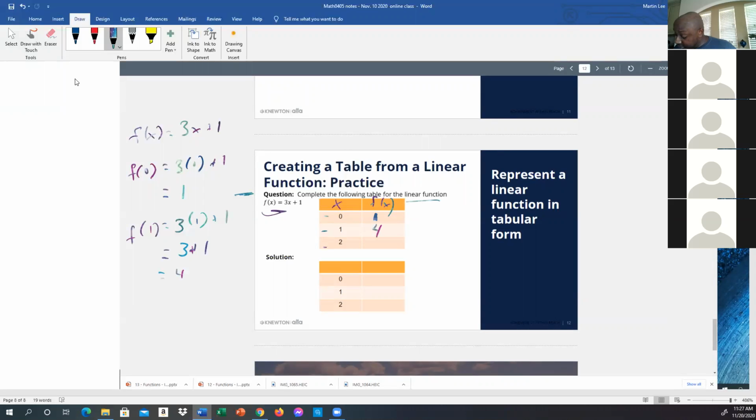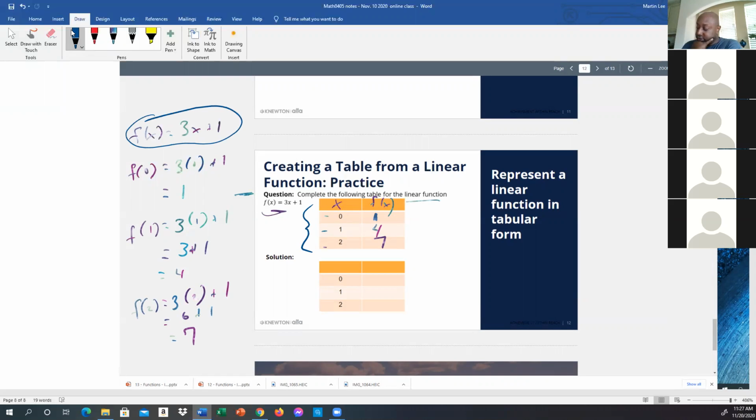And then when x equals 2, I get 3 times 2 plus 1, which gives me 6 plus 1, and that equals 7. So whenever they give you a table and they give you x values, just substitute each x value in one at a time into the function to get your y value or your output value.